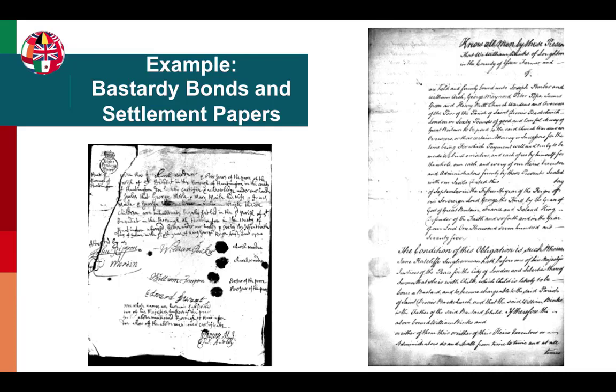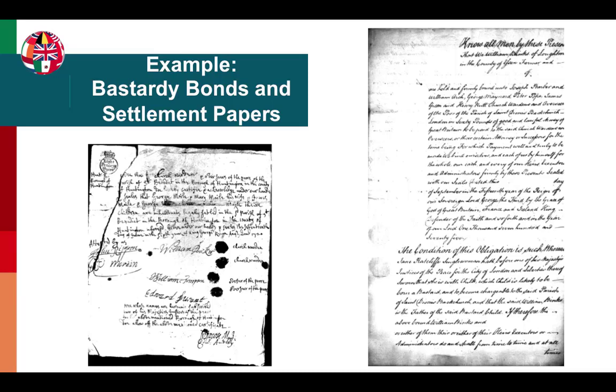And when somebody had this document, it let other parishes know that if they fell on hard times, their parish would take care of them financially, that they could then go and look for work in other places or move somewhere else, and that parish wouldn't kick them out because they would possibly fall on them for financial support if they had hard times.